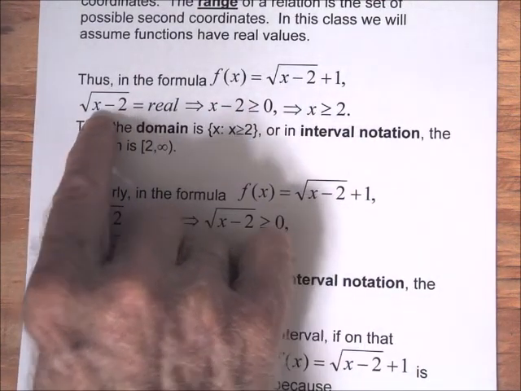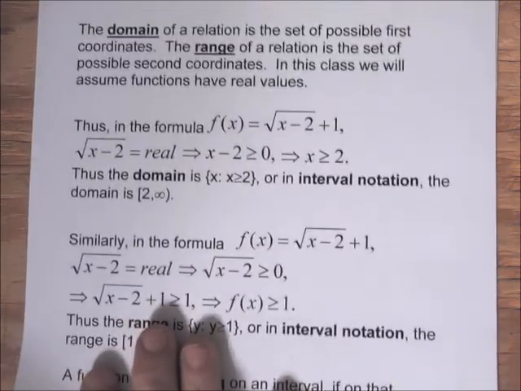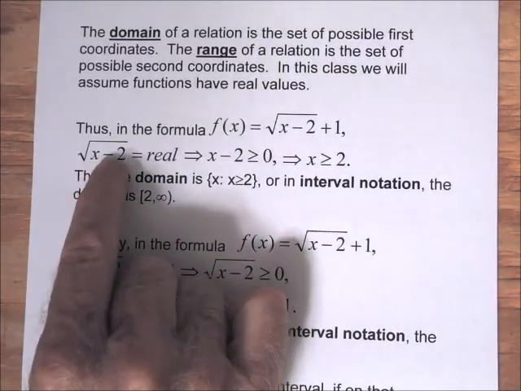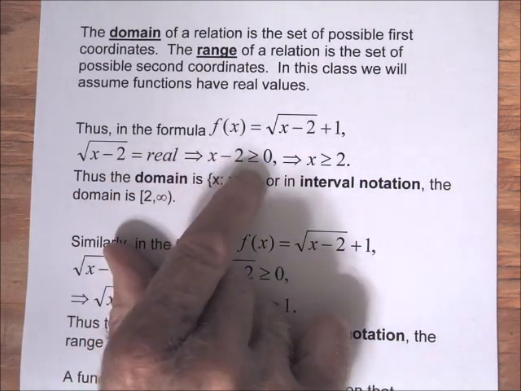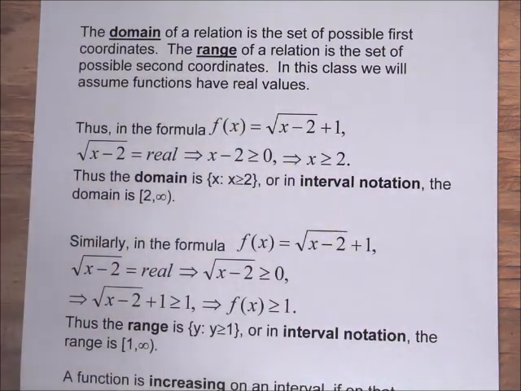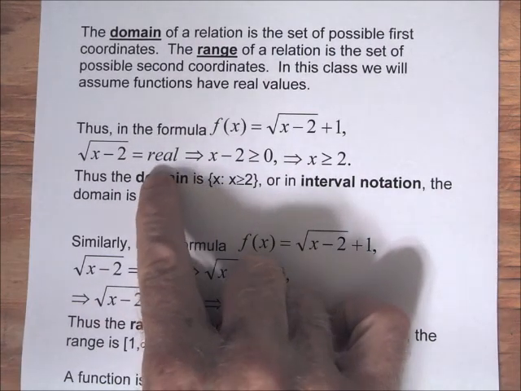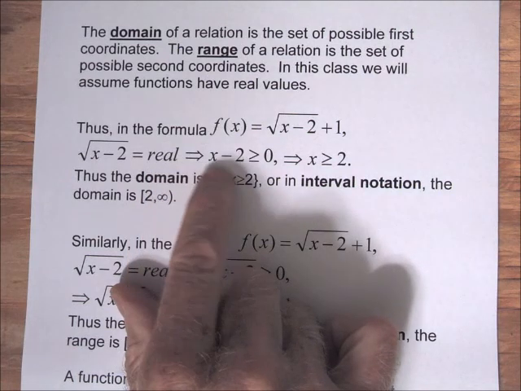Because we're working with real valued functions, we're assuming the square root of x minus 2 is real, and that means what's underneath the square root has to be greater than or equal to 0. If you recall, the square root of a negative number is an imaginary number. It's not a real number, but we're mostly working with the real numbers in this class.